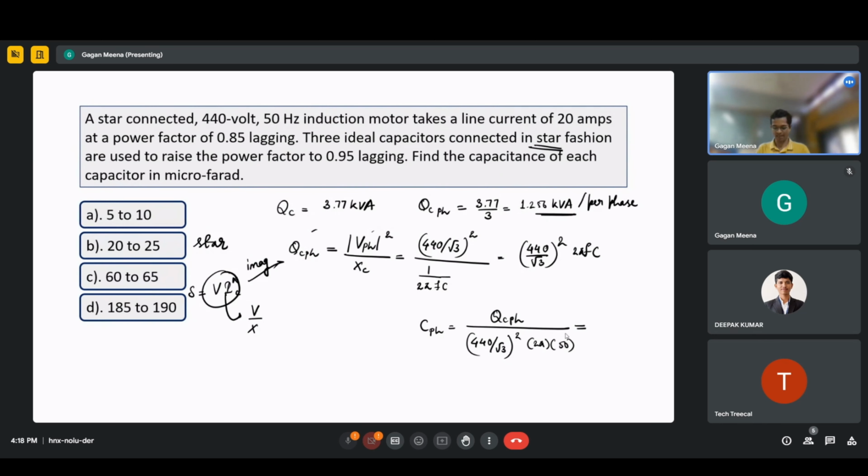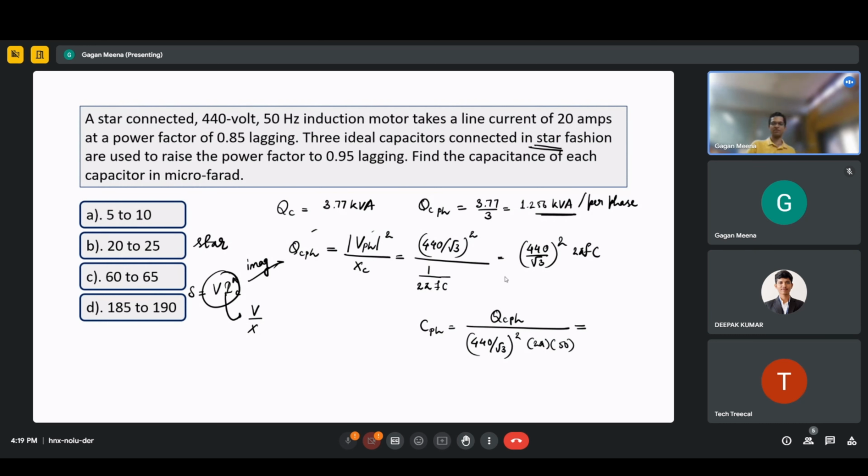How much is this? Sir, I am getting 61.98 microfarad.